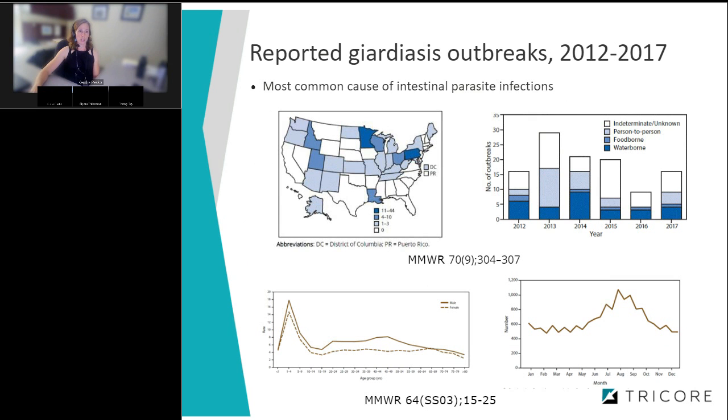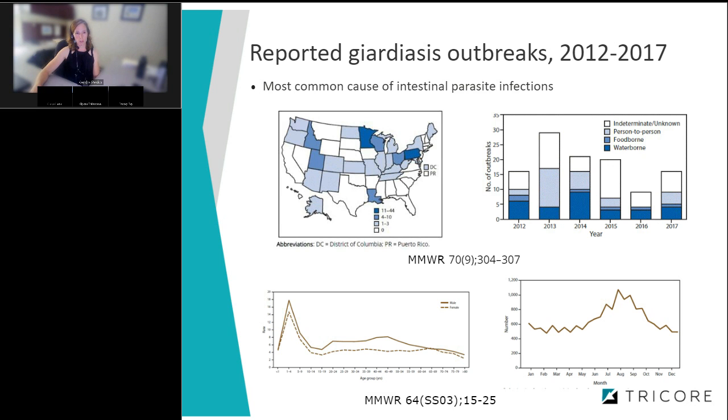So giardiasis outbreaks in the United States, it's actually the most common cause of intestinal parasite infections. This top map is showing the location of outbreaks from 2012 to 2017 in the United States. And you can see that it's really distributed throughout the United States. This looked at what the outbreaks were related to.